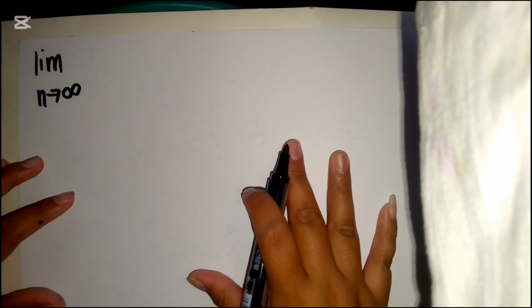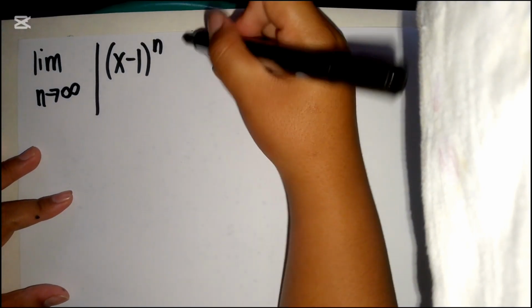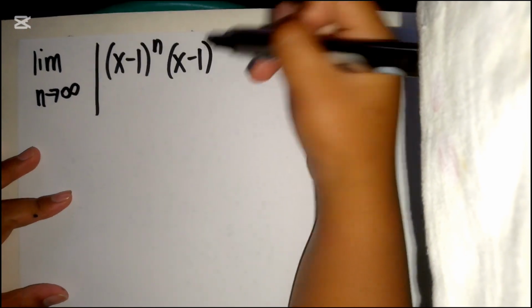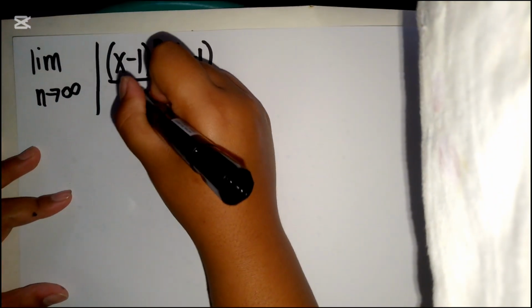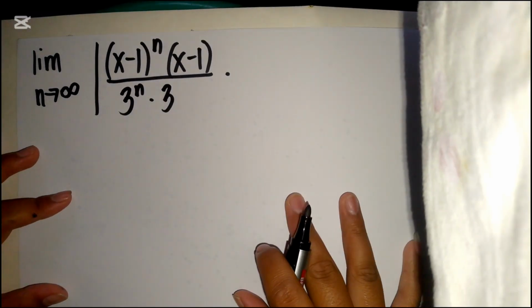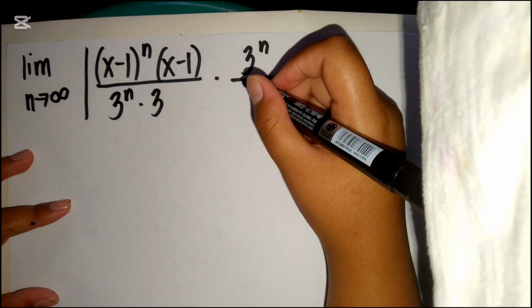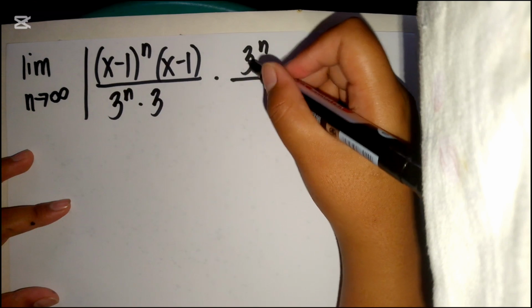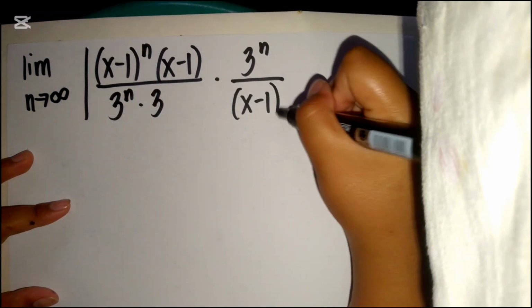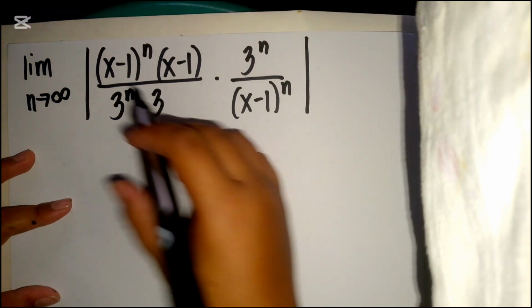Now we will be having the limit of n approaches infinity, (x minus 1) raised to n times the quantity (x minus 1) over 3 raised to n times 3, which is the result of simplifying the last given, and it will be multiplied by the reciprocal of our a sub n, which is 3 raised to n over (x minus 1) raised to n.